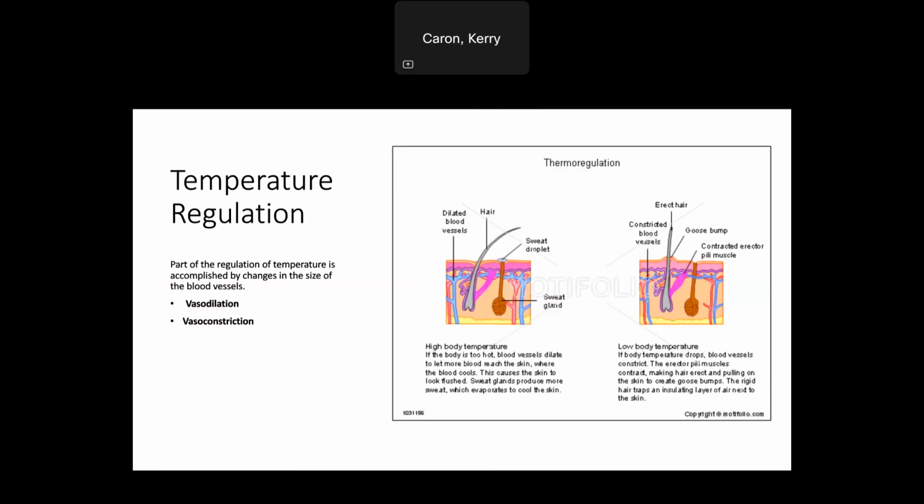Okay, as we mentioned, temperature regulation with skin is very, very important. When the person is hot, then the blood vessels will dilate, maybe causing us to get pink in the face or blush.